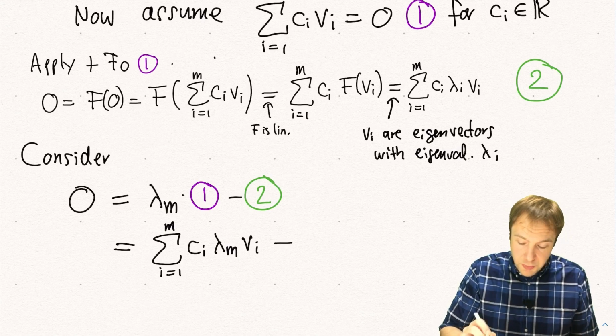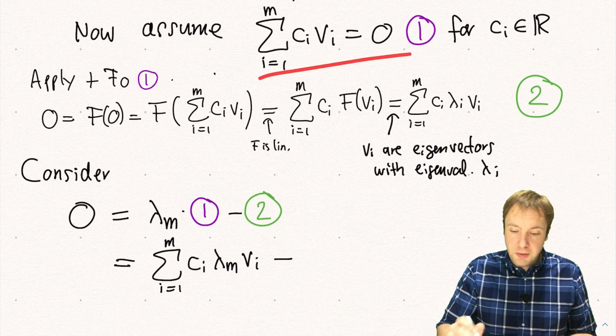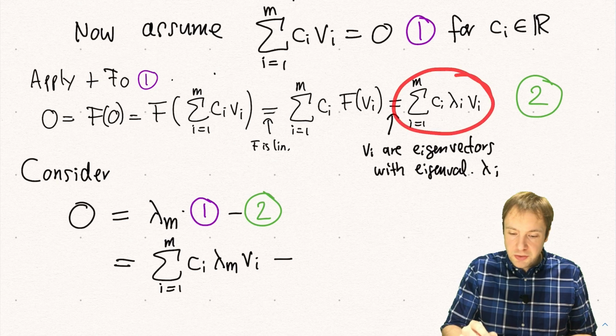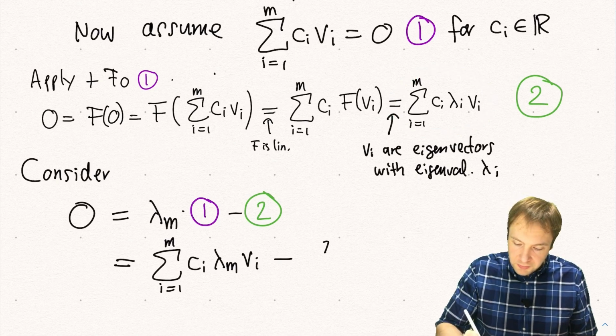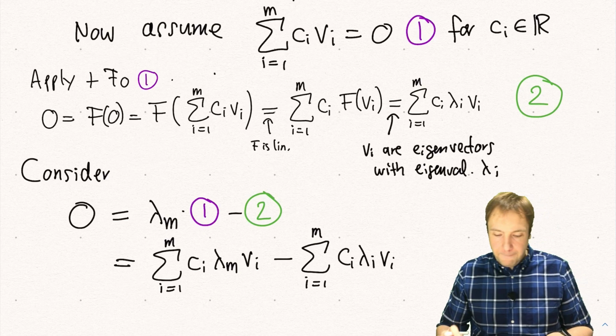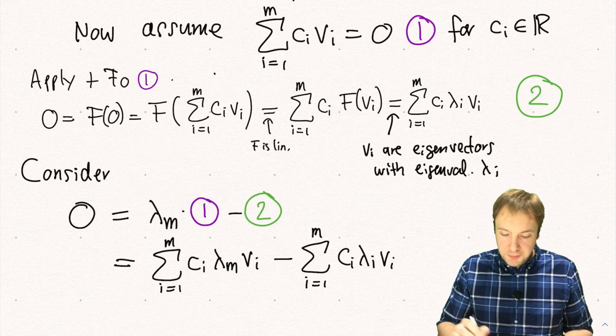So this is equation 1 multiplied with lambda m. Now I take equation 2 and subtract it, so it's minus the sum i goes from 1 to m, ci lambda i vi. And this is 0.